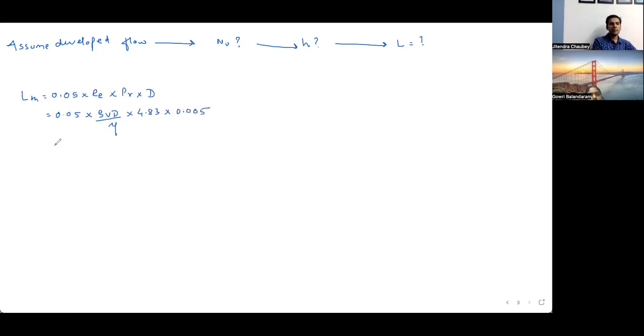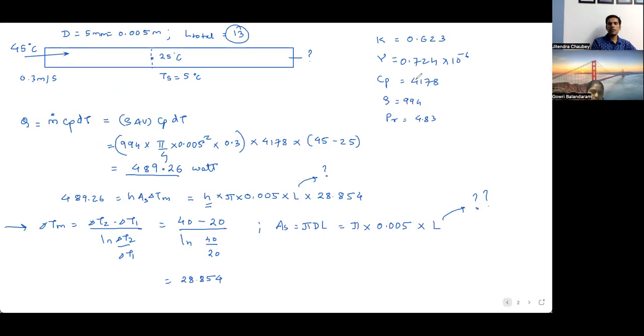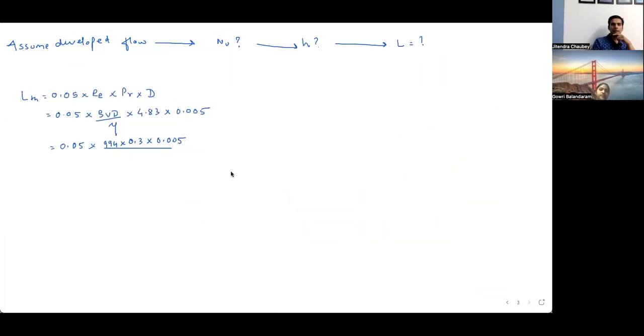Let me substitute: 0.05 into density 994, velocity 0.3, diameter 0.005, dynamic viscosity. They've given kinematic viscosity, so in that case dynamic viscosity is 0.72 times 10 to the power -3. Whenever they give us kinematic viscosity, you can avoid the density.